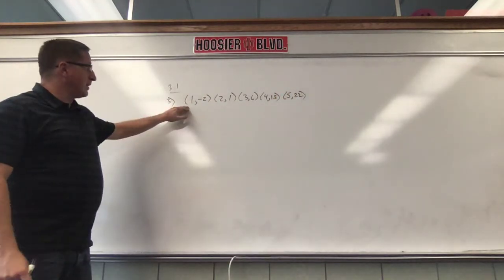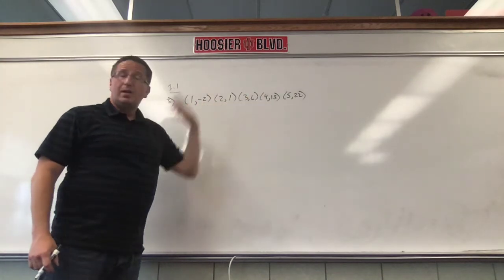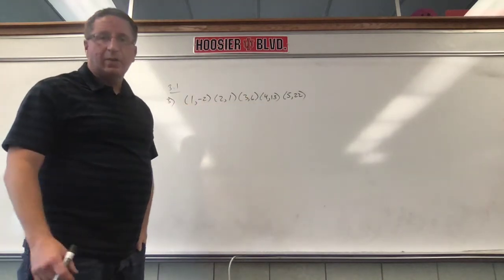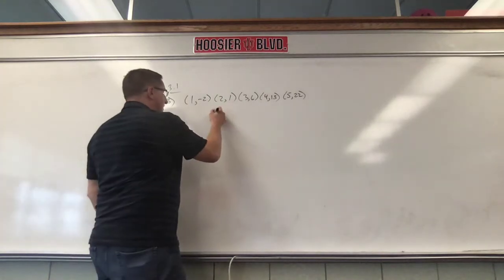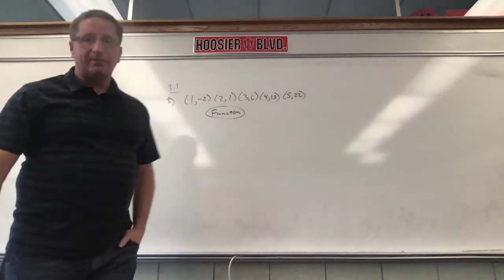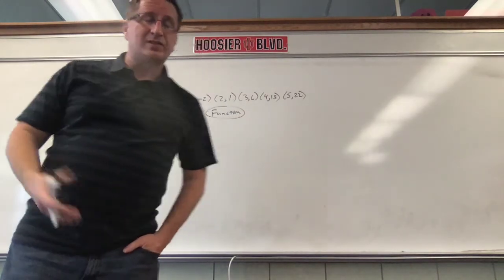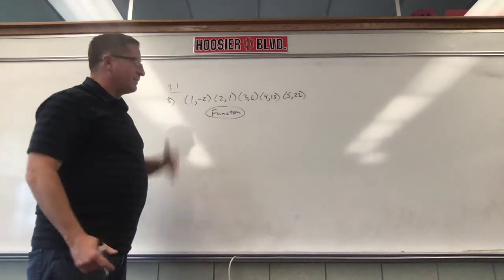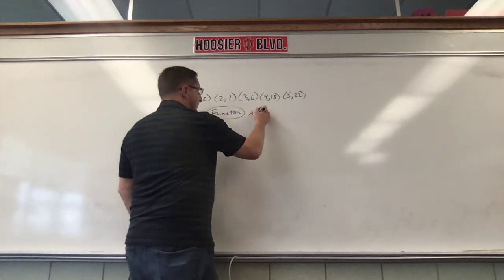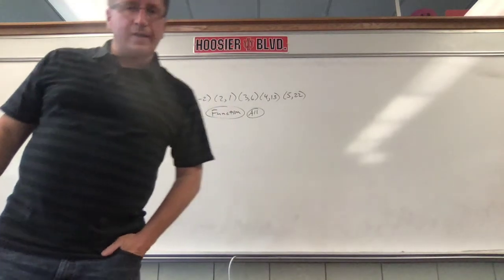Well, what's 1 paired up with? Only this number. What's 2 paired up with? Only this number. 3, 4. Every x only has one y value. So this is a function. This is definitely a function. It's a relation, and it's a special kind of relation called a function. And the reason is because all of the inputs, they call the x values inputs, all of the inputs have exactly one output.